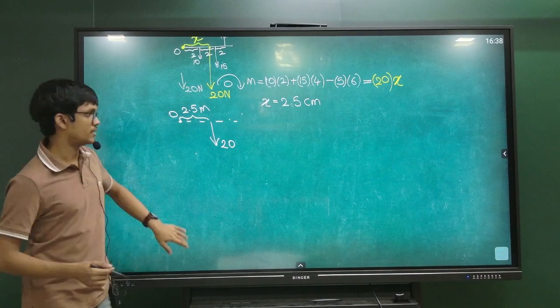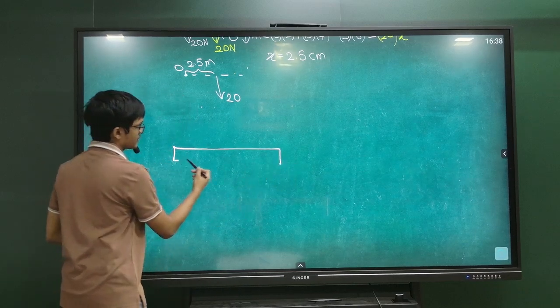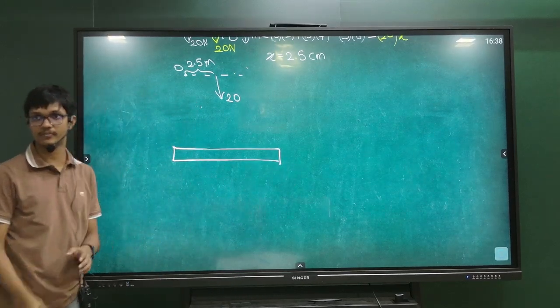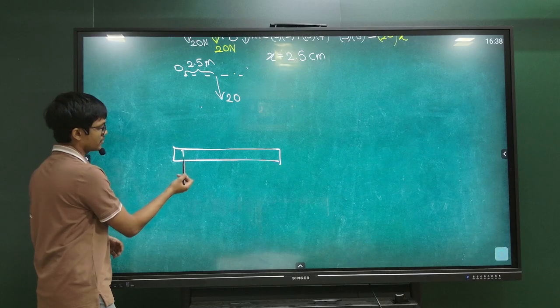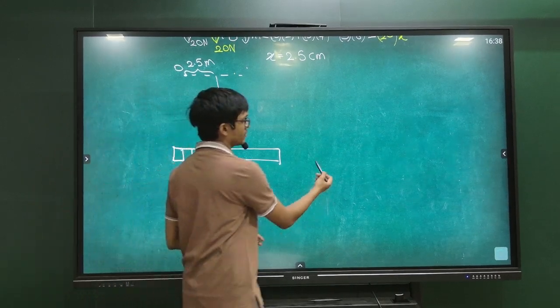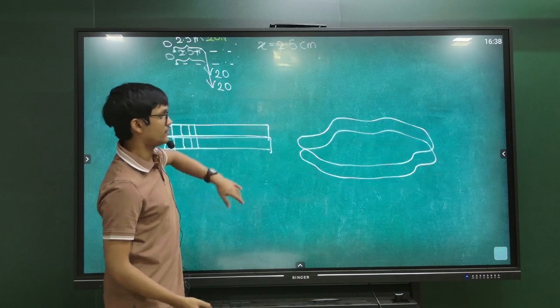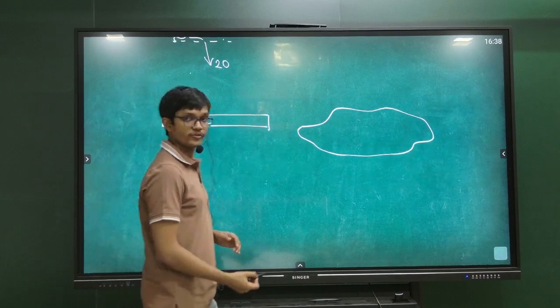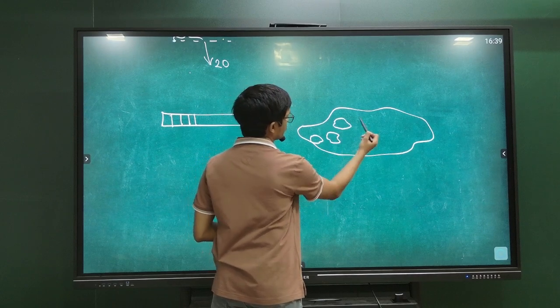Clear? Now consider a rod like this, a metal rod. Now you divide it into small parts. Or any object, let's consider a very uneven object like this. Now you break it into small parts.